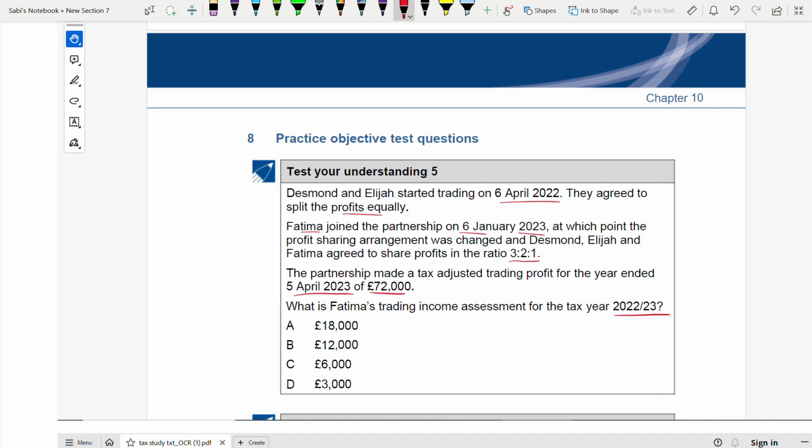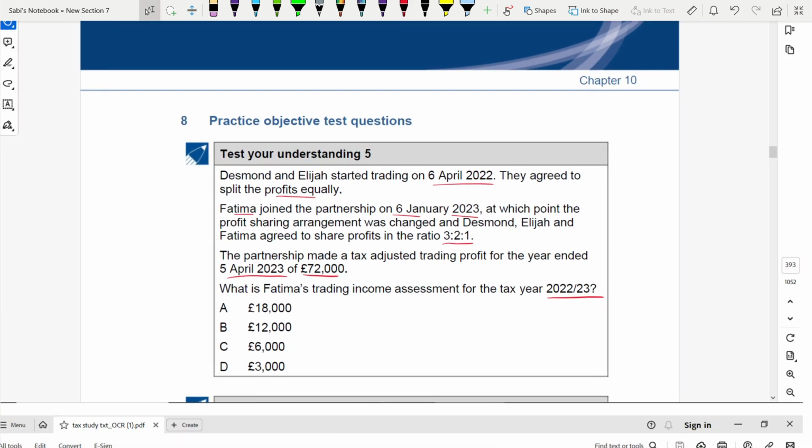So now to calculate Fatima's trading income, remember you need the table. Without that table you can't do. So when is it? They started trading on 6th April 22. And Fatima joined on 6th Jan, right?